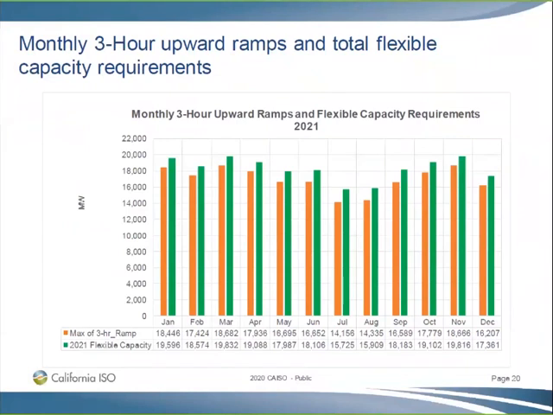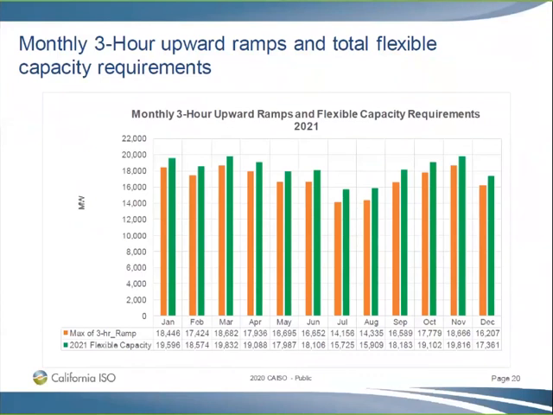And you see that during the summer months the ramps are a bit low because the load's higher. During the summer months, it's easier to meet the 3-hour ramp than in non-summer months, when your load's low and your renewable production's high.